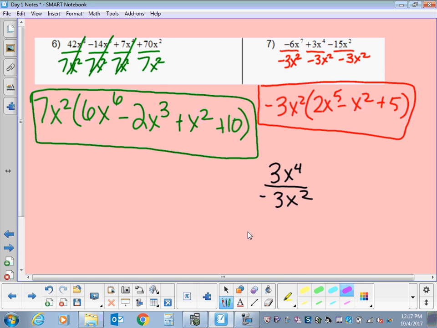Alright, so 3 divided by -3 is just going to be -1, right? X to the 4th divided by x to the 2nd, we subtract our exponent, so you get x to the 2nd. So that's how we got -x squared. If you had a 1 there, that's fine. Okay?